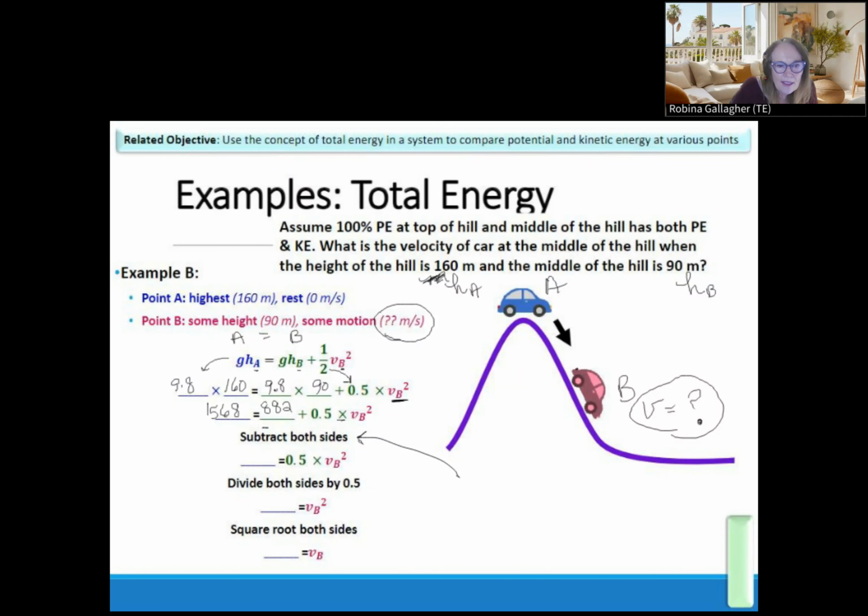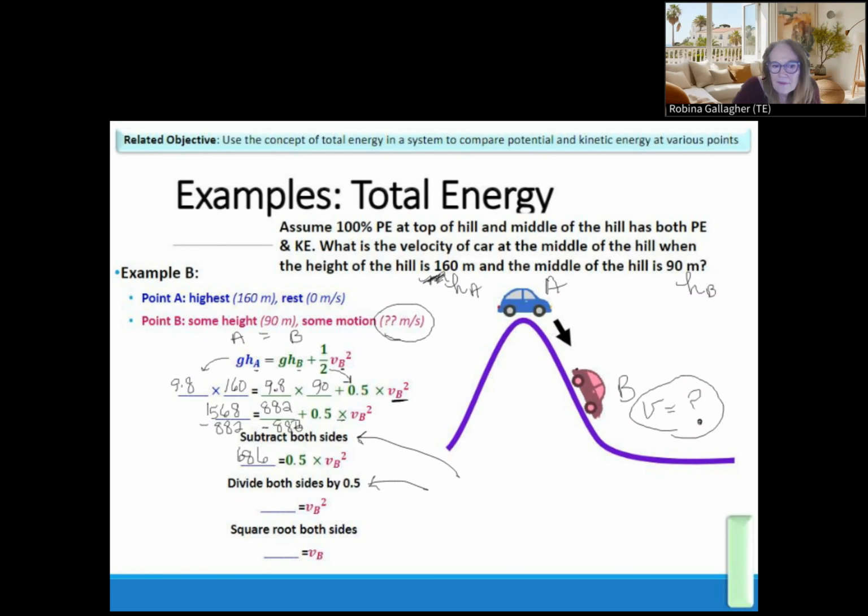Oh, when you subtracted it. Yeah, 82. And then I'm going to subtract 882 over here, and I should get 686. Is that right? 686. Okay. Yeah. Then I'm going to divide.